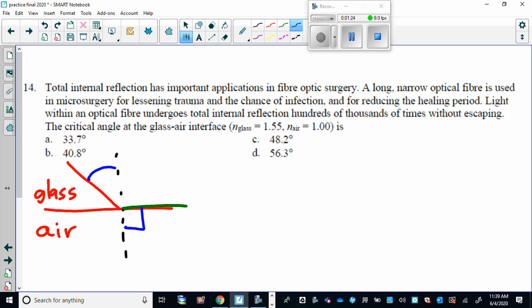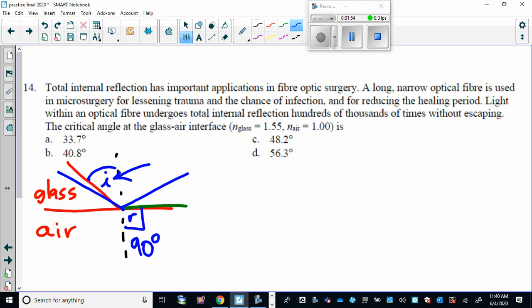So here's your angle of incidence, here's your angle of refraction, and in this case, your angle of refraction is 90 degrees, and the question is asking, what is your angle of incidence? So what angle of incidence will give you an angle of refraction of 90 degrees? And of course, anything more than that angle of incidence, and the ray will reflect. And that's how you get total internal reflection.